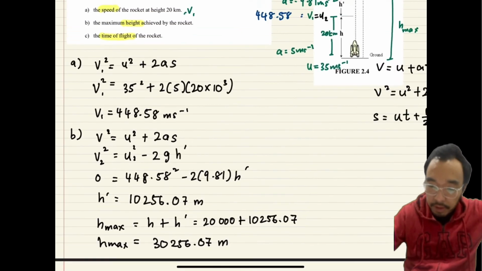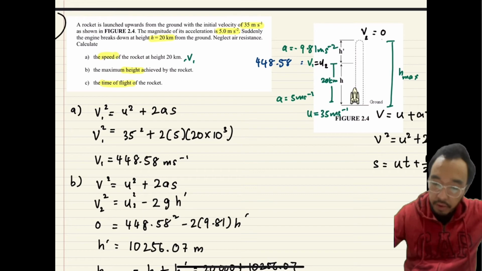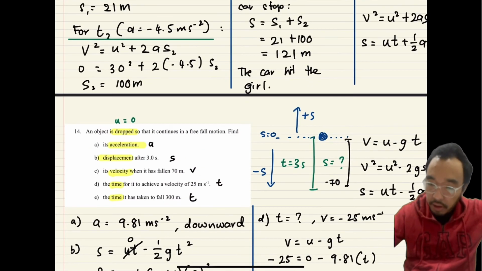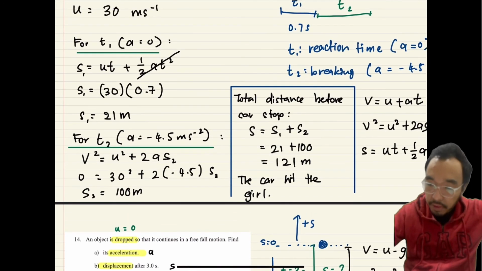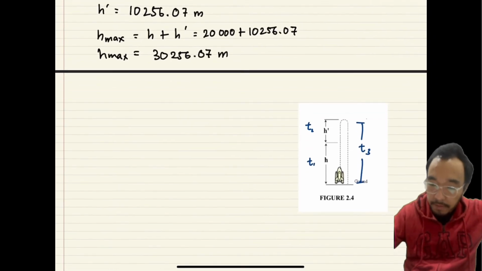Let's look at the information just now. They didn't give you any time before this, so again I'm going to copy this one. Okay, and we're going to start with T1 first.